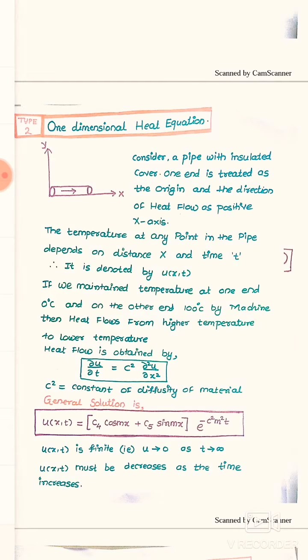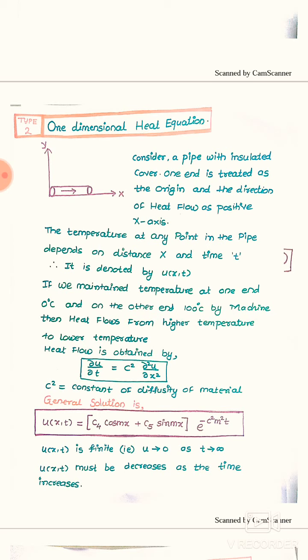Consider a pipe with insulated cover whose one end is treated as origin and the other end is in the direction of the x-axis, and the heat flows along the positive x-axis.